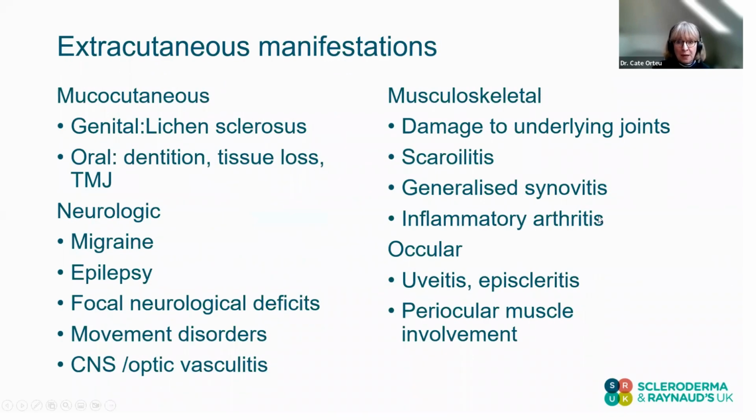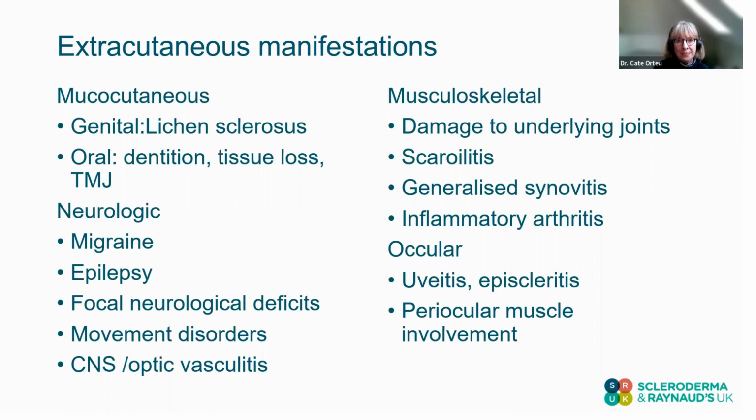So that brings me nicely onto extracutaneous manifestations. Whereas we have traditionally said that morphea is a purely skin-limited disease, i.e. skin and underlying structures, increasingly over the last probably 15, definitely 10 years, as larger cohorts of patients with morphea have been collected, we've started to realize that you can get other manifestations, so other involvement.